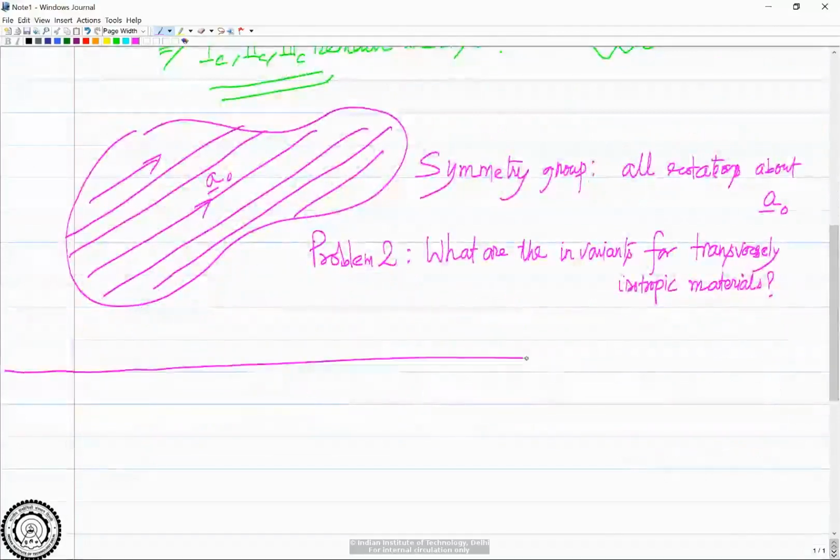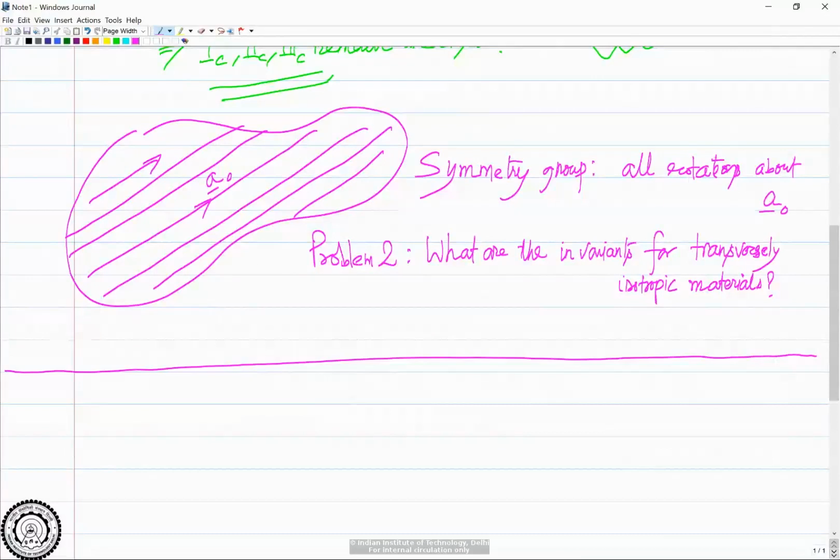So this is one of the problems that usually is tackled through material symmetry, finding out the invariants. So what does one do once you get the invariants? Once you get the invariants, of course, then you can find out what will be the expression of stress. You simply have to take the derivative of the energy with respect to the deformation gradient, for example, to get the first Piola-Kirchhoff stress tensor, right?